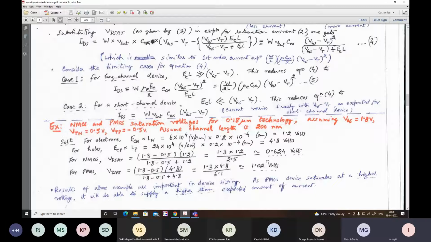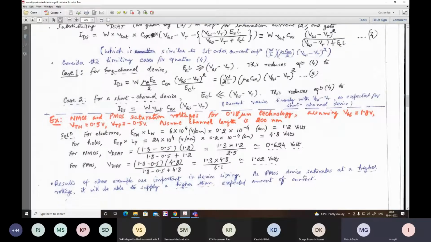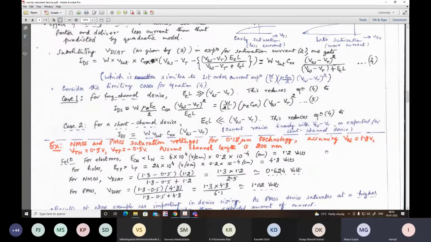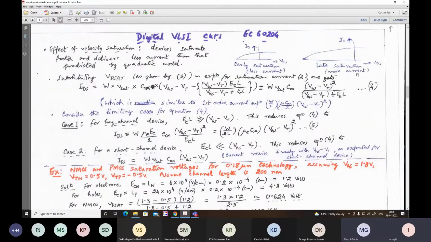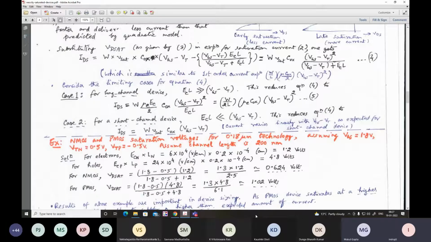So PMOS device will be able to provide a higher current, because the current curve continues to climb for greater voltage with the variation of VDS. That means relatively late saturation will occur for PMOS device compared to NMOS device. For example, here VDSAT equal to 0.6, here it is 1.02. So some difference is there.